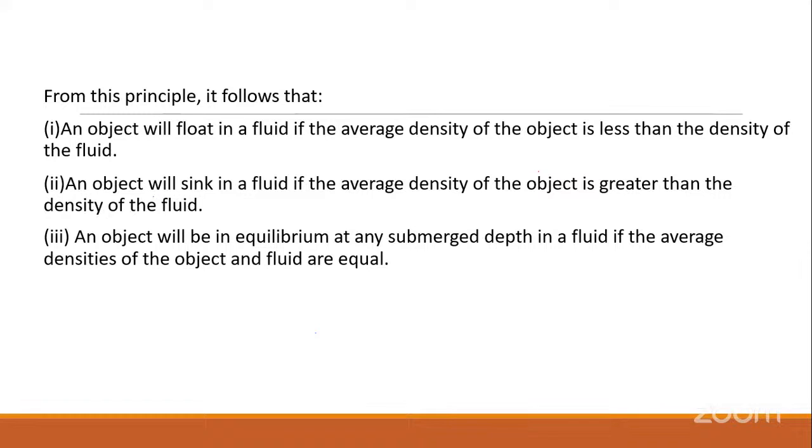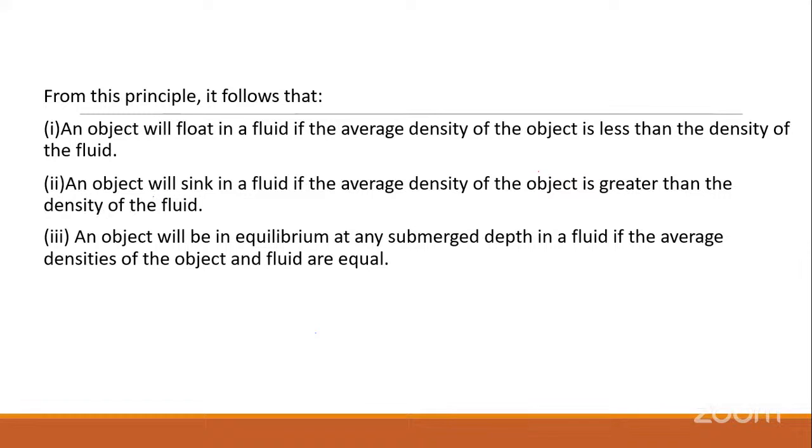So if I have an object that has a density equal to the density of a fluid, that object will also float on the surface of the water. If the density of the object is less than the fluid, the object will float.